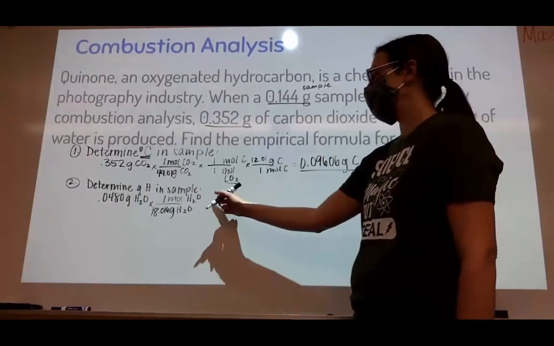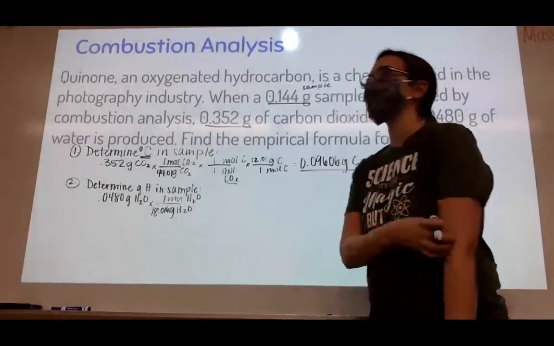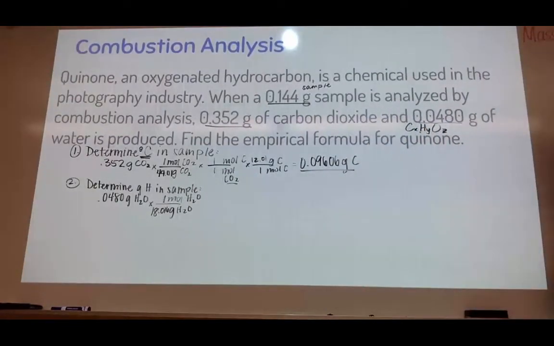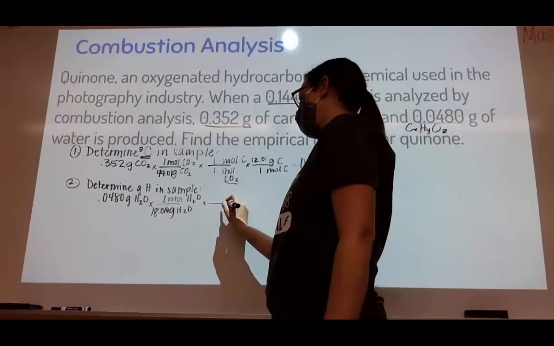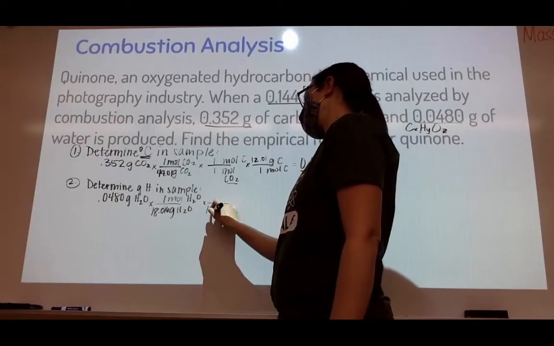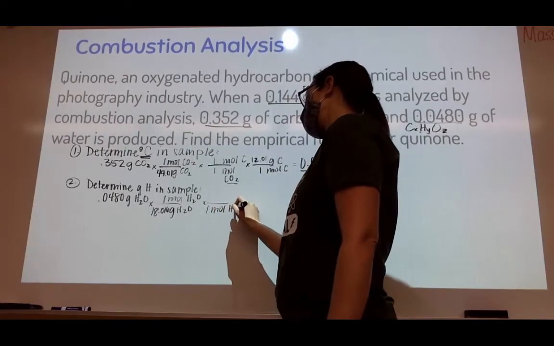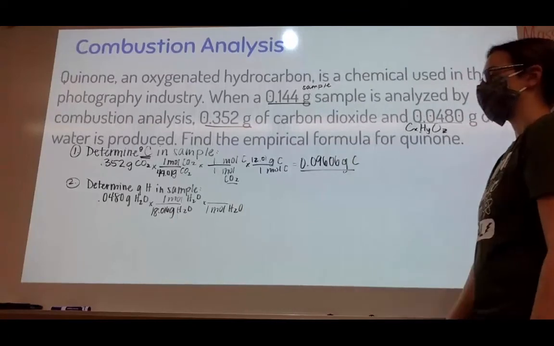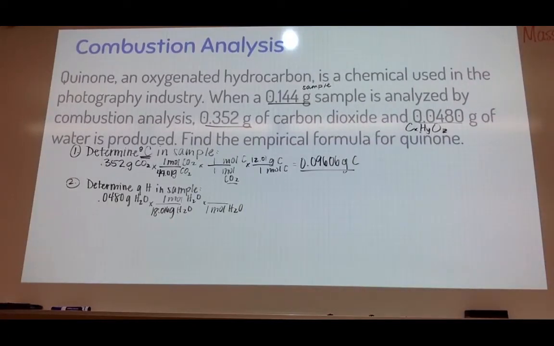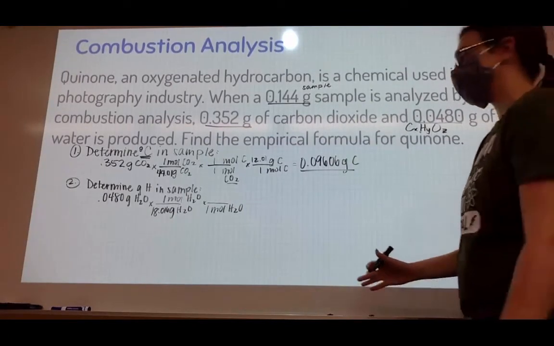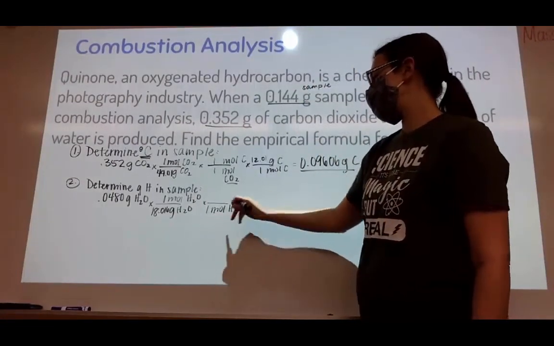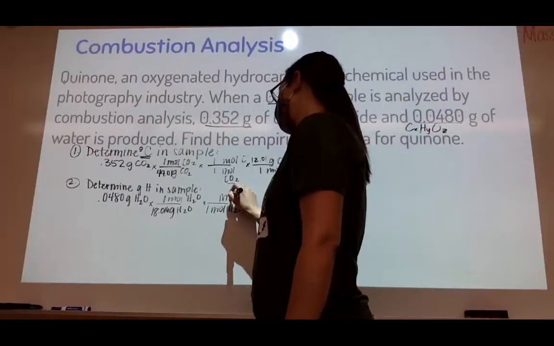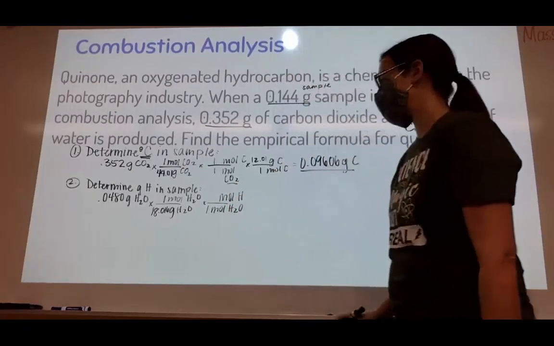So I took my given information and I went to moles. Because I don't want grams of water, I don't even want water. I need to go to just hydrogen. So for every 1 mole of H2O, because I need to go to a new substance, I have to use a mole ratio. To go from H2O to just H, remember we just want elements.